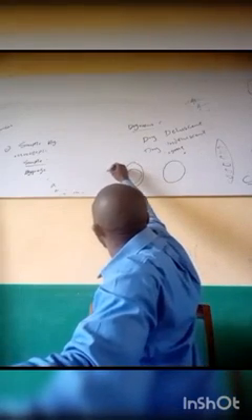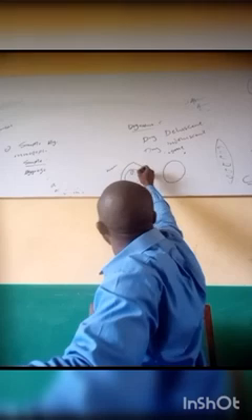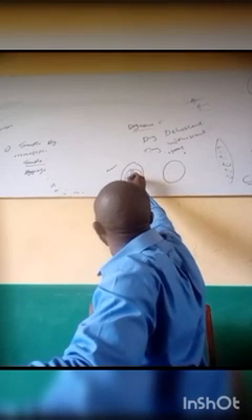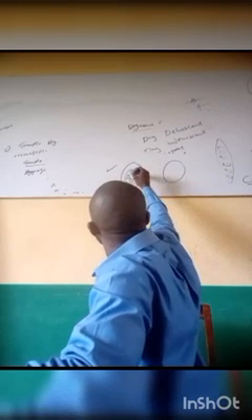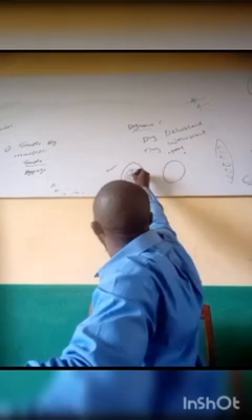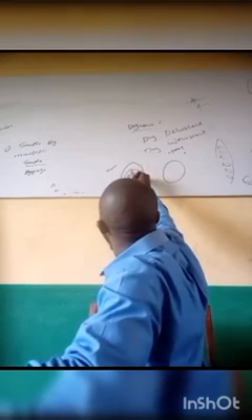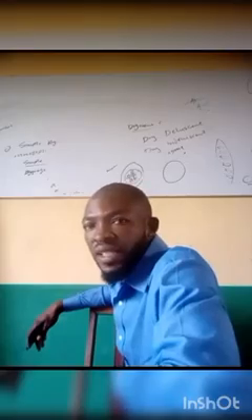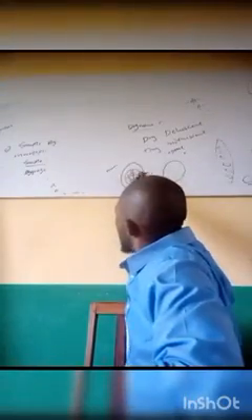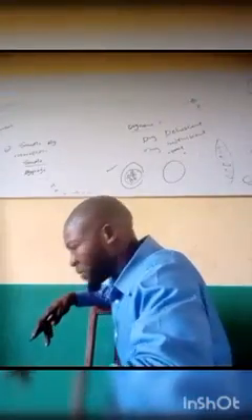And the vascular bundles in the monocot, you can see that they are found scattered within the cytoplasm. They are not arranged at all. They are just divided into two. The inner portion is what we call the xylem, while the one next to the outside is the phloem.